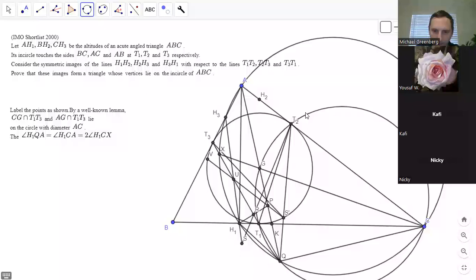Let me think. So somehow, if we can show that, we take H1, H3, we wanted to show if we reflect it over T1, T3, it passes through S prime. And then we could use the same argument for H1, H2, and that would solve the problem. So we just want to show that U, P, and S prime are collinear.